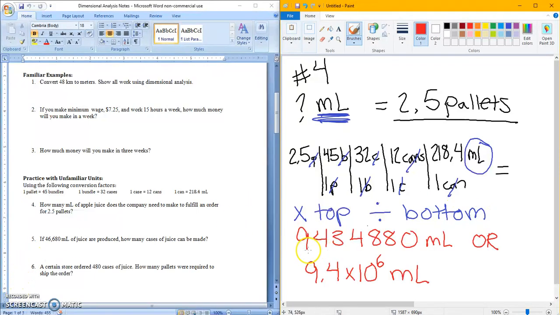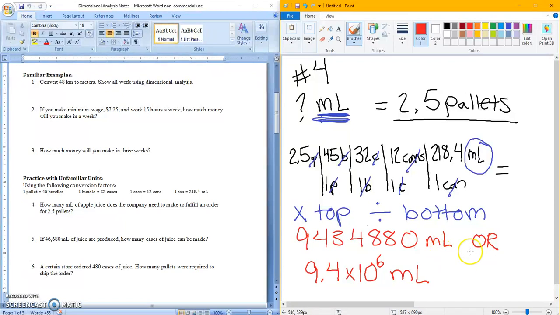My answer is 9,434,880 milliliters. That is a lot of numbers to write. And when we get into those big kinds of numbers, we like to use scientific notation or some other type of prefix.